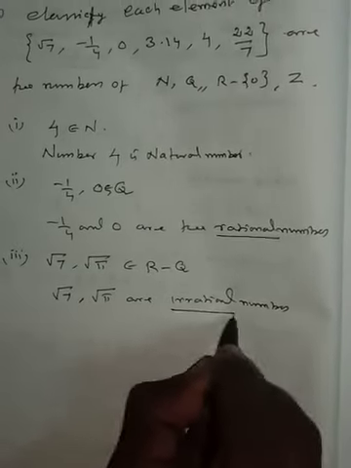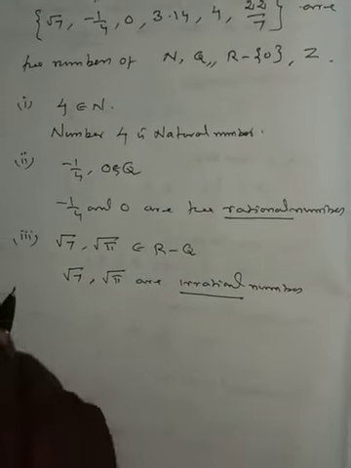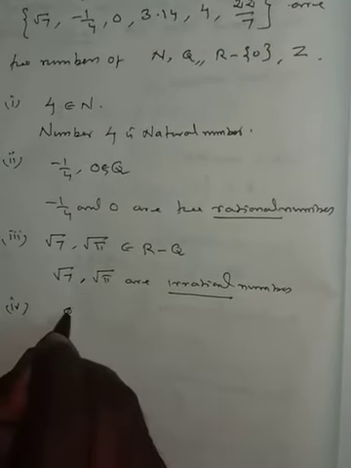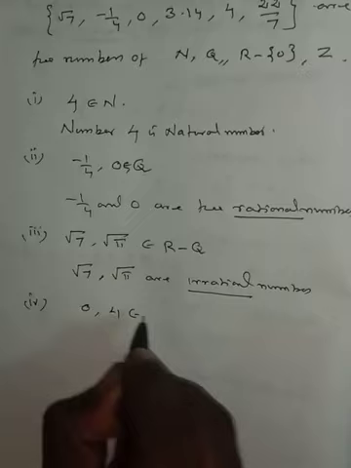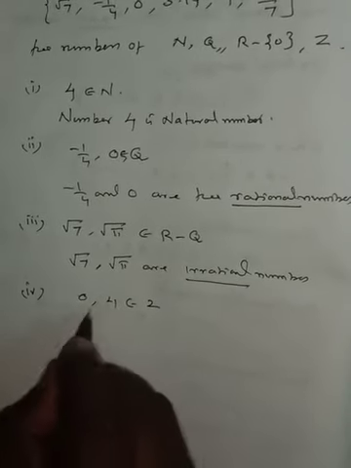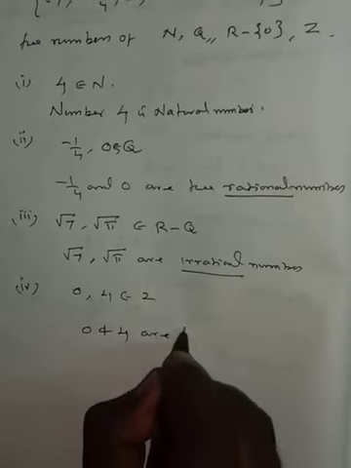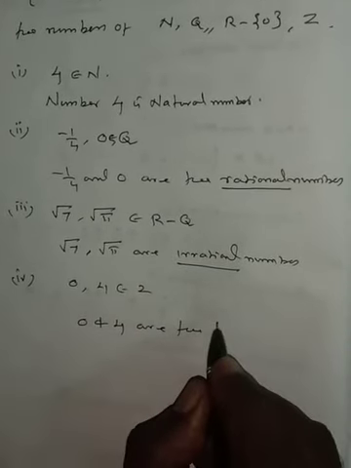Next, subdivision number 4: 0, 4 belong to the set Z, the integers. 0 and 4 are the integers.